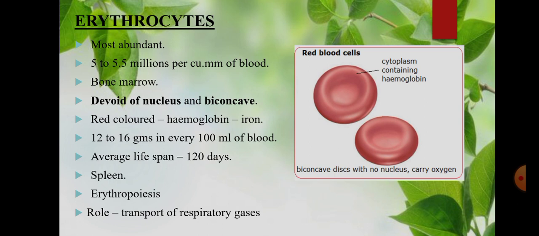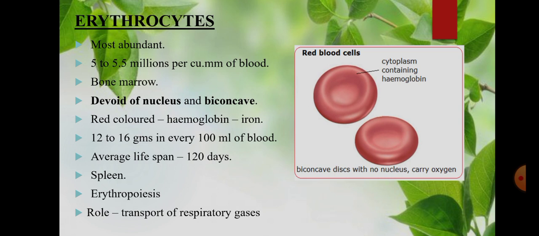That is why spleen is also called the graveyard of RBC. Clear? So after it completes its lifespan of 120 days, it gets destroyed in the spleen, which is also called the graveyard of RBC.